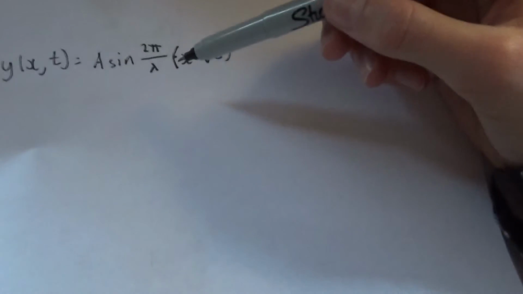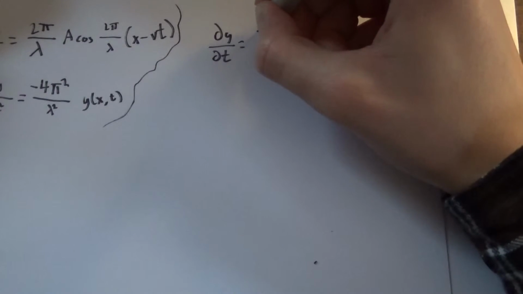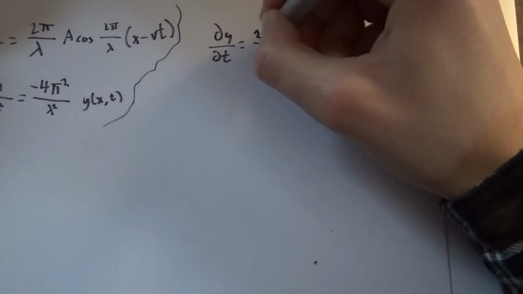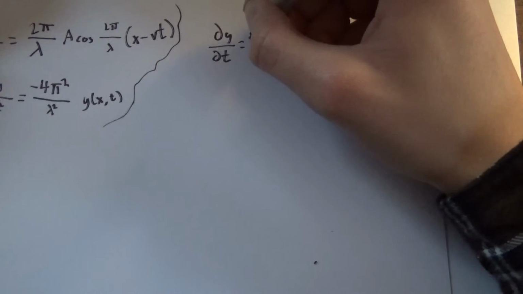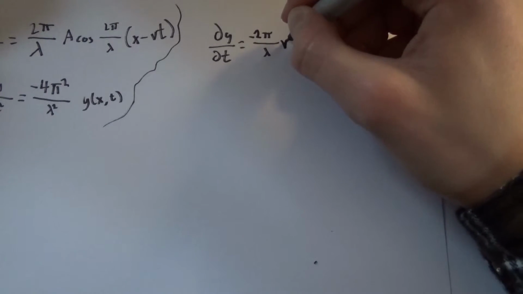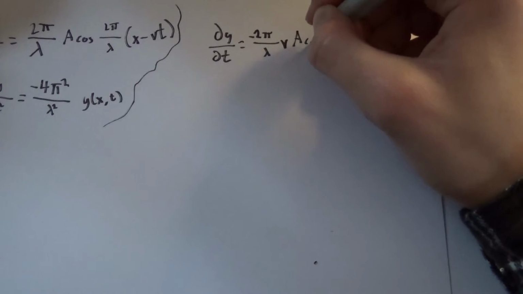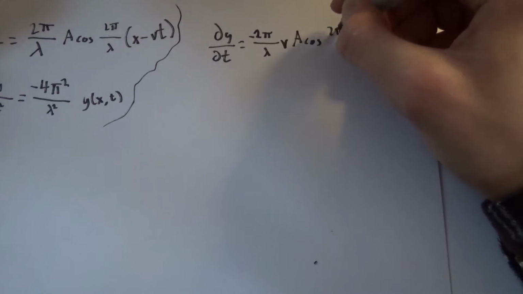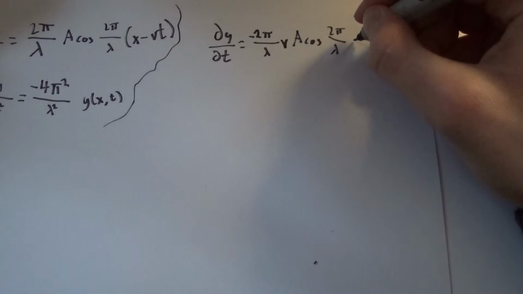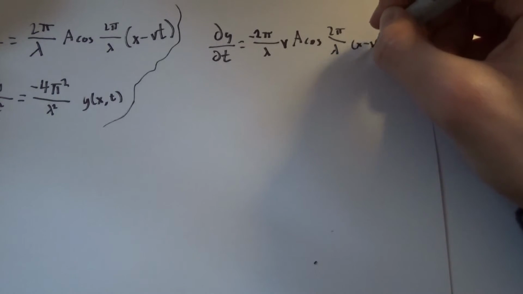So we have to bring those outside, and we follow the same pattern we did before. 2 pi over lambda, and I have negative v, so let's put the negative out here. Negative 2 pi over lambda v times a cosine of 2 pi over lambda times x minus vt.